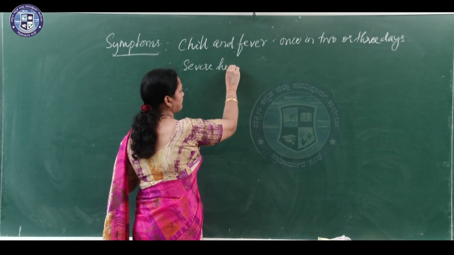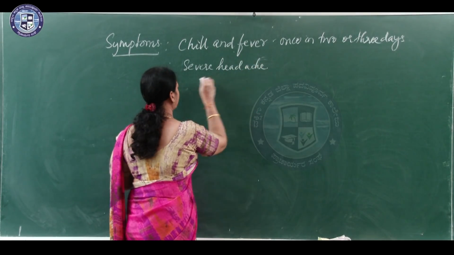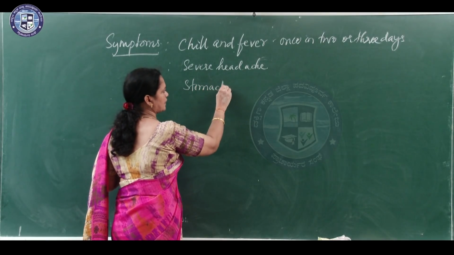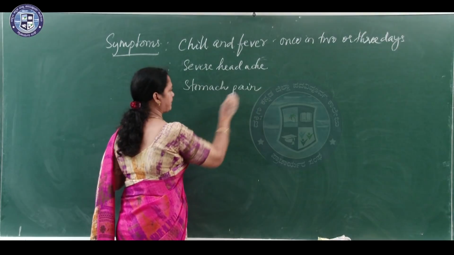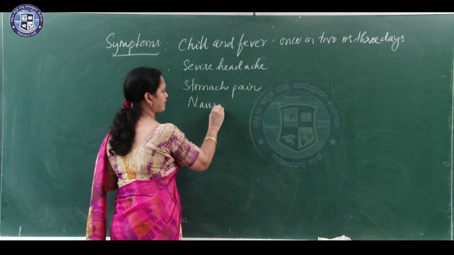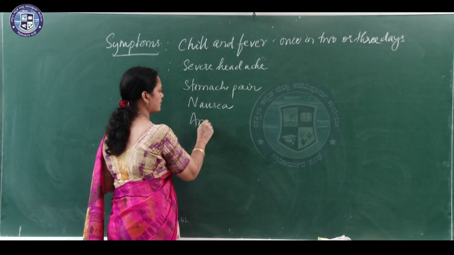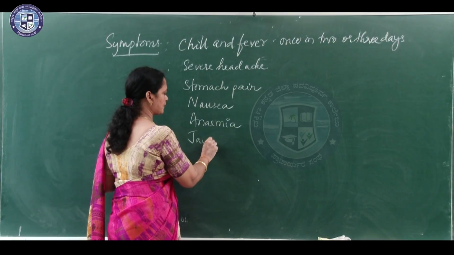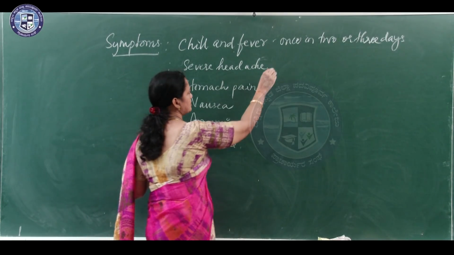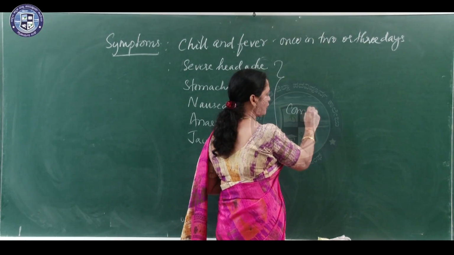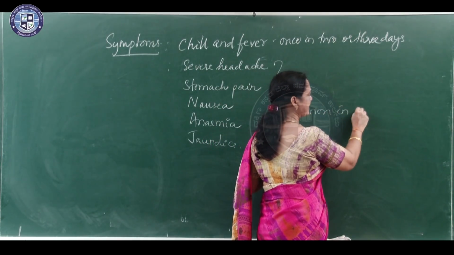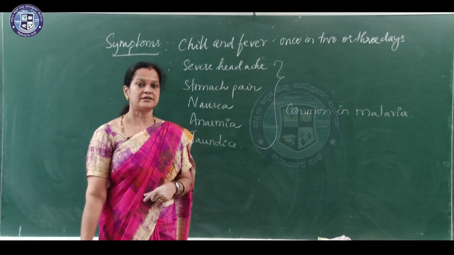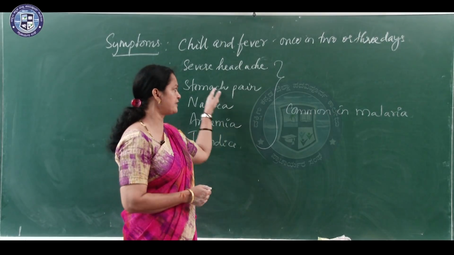Severe headache, stomach pain, nausea, anemia, jaundice. These are common in malarial infection, or the Plasmodium infection. These symptoms are the same.